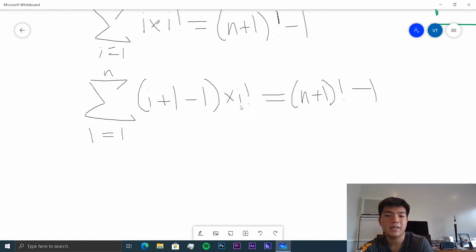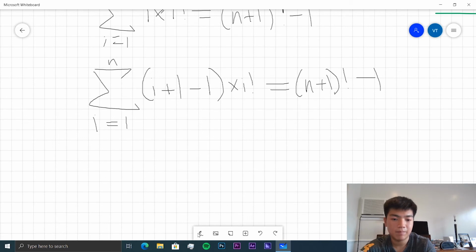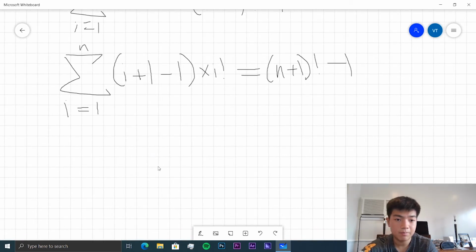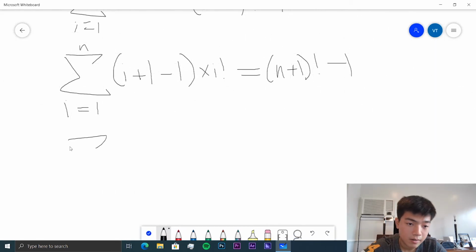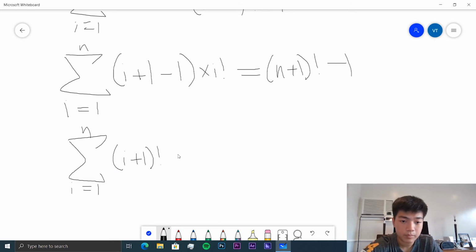So I guess we can expand this into the sum from i equals 1 to n of (i plus 1) factorial minus i factorial. Oh, okay, I can see where this is going. And this is equal to (n plus 1) factorial minus 1.